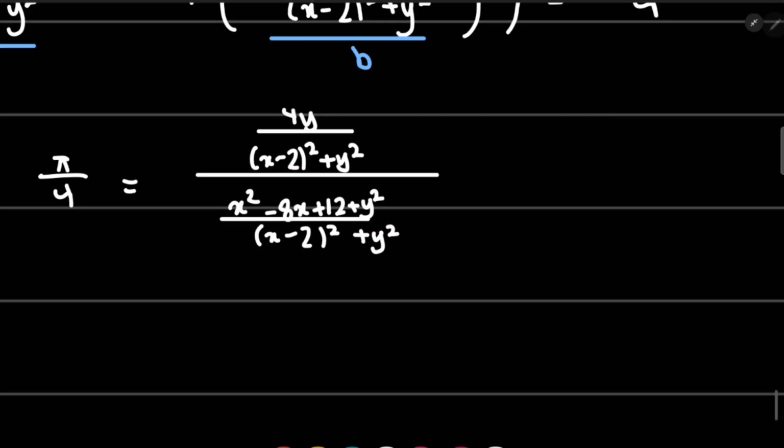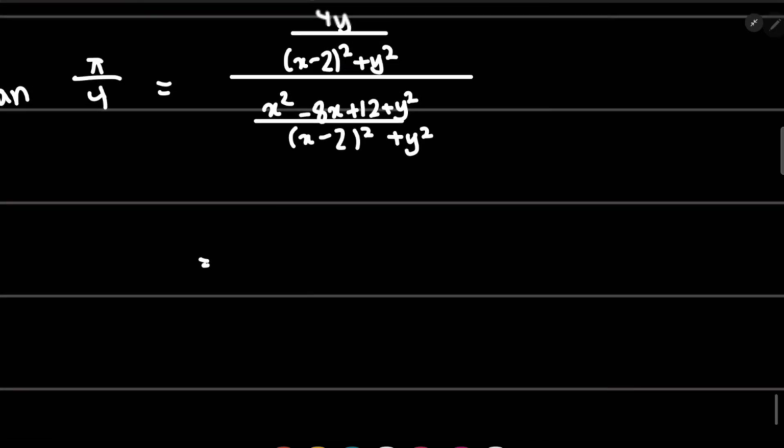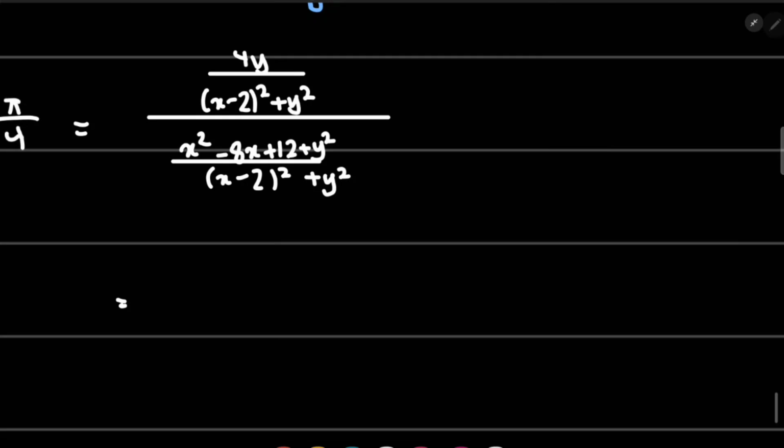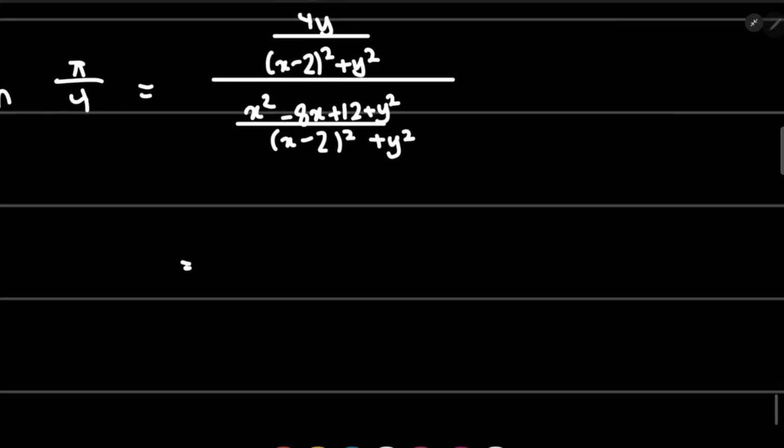I'll show the extended step because I have something in this form. So this can be written as a times b. So I can turn this division into a multiplication if I flip this around or find the reciprocal of the denominator.